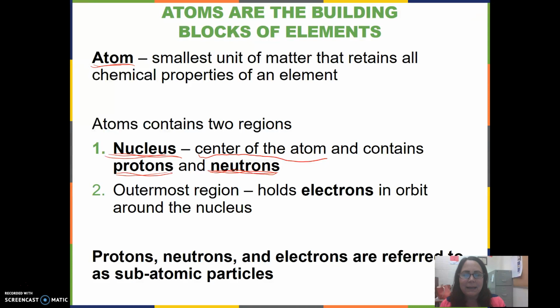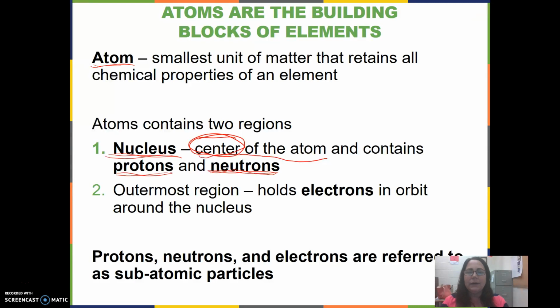It's not the same thing. The nucleus of a cell is many, many times larger than the nucleus of an atom. The nucleus of an atom is simply the center. The nucleus of a cell is actually a little organelle that contains the DNA. So it's just a totally different thing.